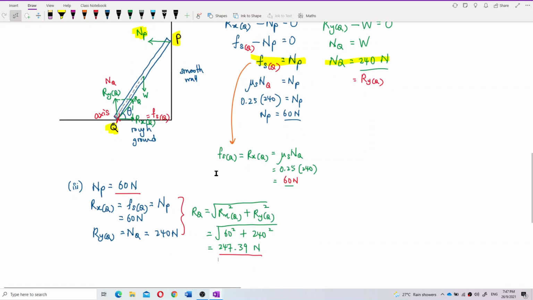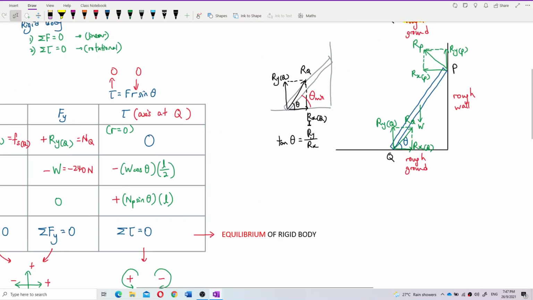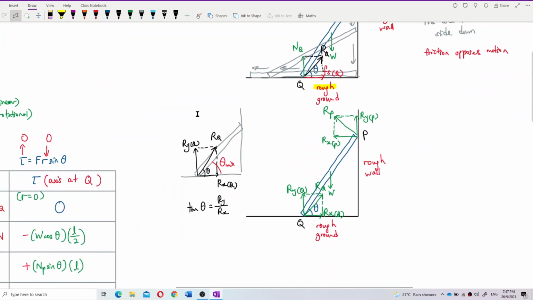Is the answer correct? Oh, one more thing, you need to find the angle theta. But it's not the theta for the beam, it's the theta for the RQ. You need to find the direction also.